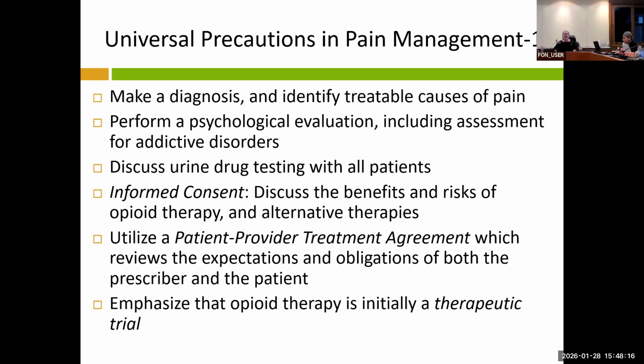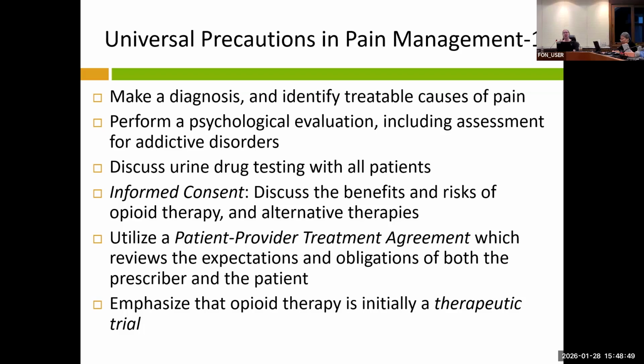Informed consent: discuss the benefits and risks of opioid therapy and alternative therapies. And by doing that, certainly encourage the alternative therapies. What I do is I always do a patient and provider treatment agreement. So I review the expectations and obligations of both me and the patient.